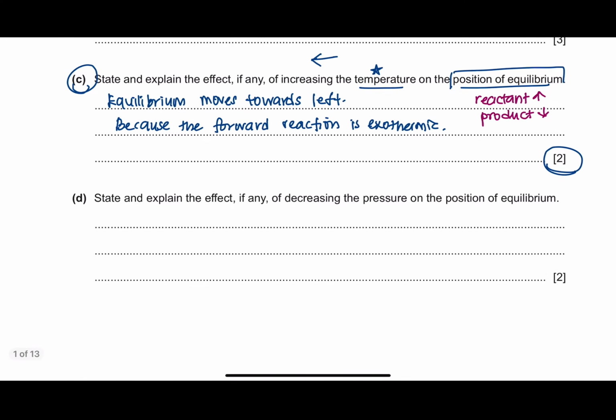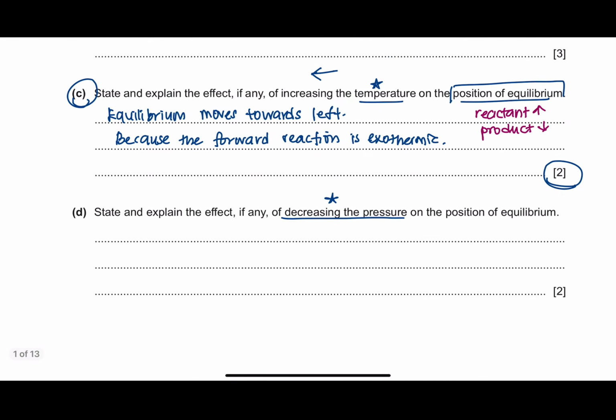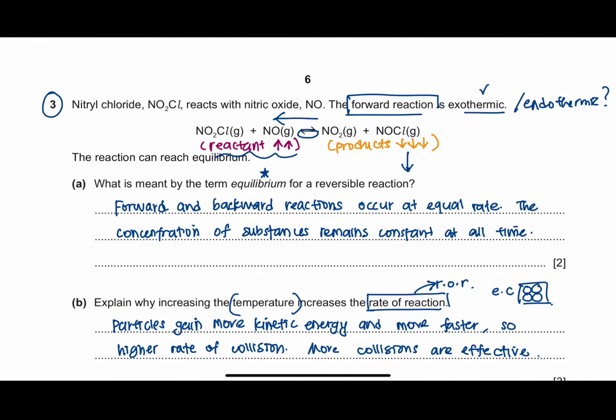Now the next question is asking you to state and explain the effect, if any, of decreasing the pressure on the position of equilibrium. When it comes to pressure, you don't have to determine whether it is exothermic or endothermic. What you need to know is the number of moles of each molecule present in this reaction.